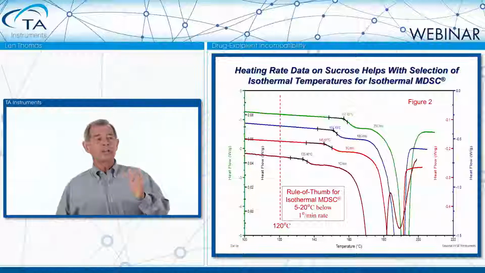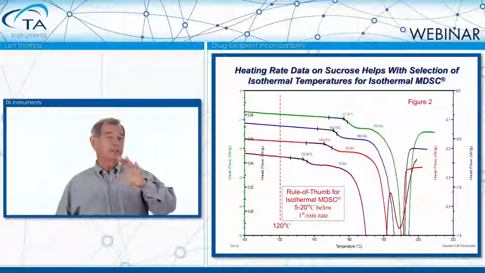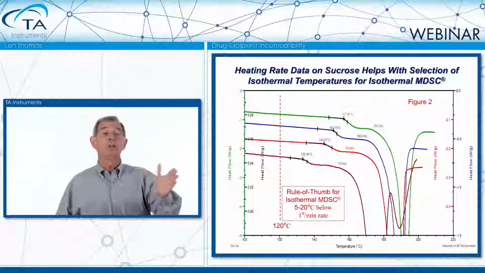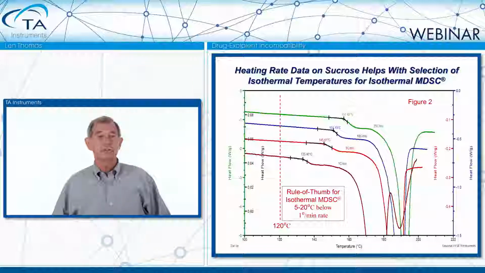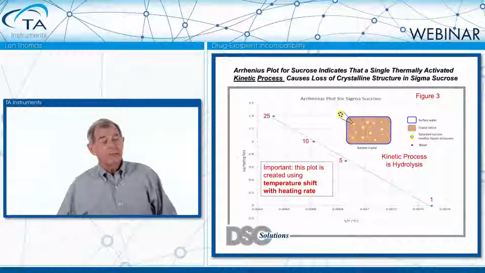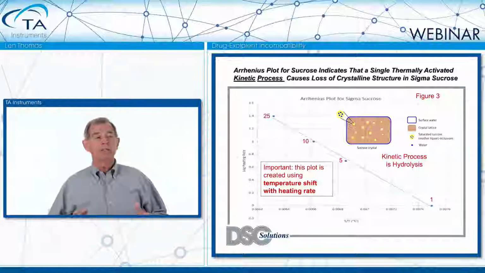So we're going to now look at how this crystalline structure is lost due to this chemical process at a temperature that is below any of the obvious transition temperatures that we see in your data. If we take that data, I said we can do a kinetic analysis of it, and that starts with the Arrhenius plot.